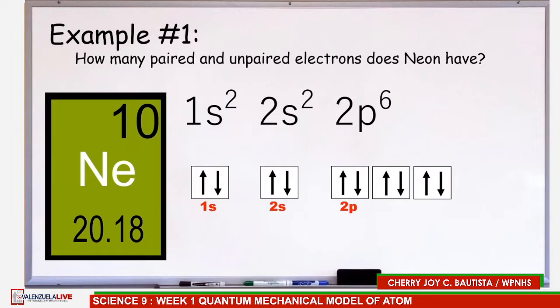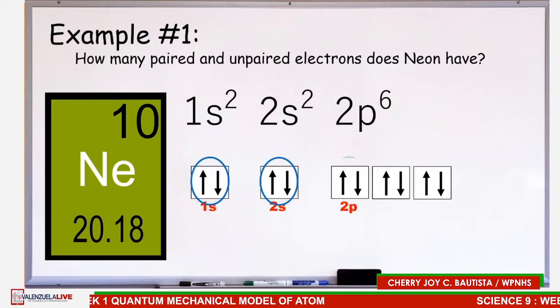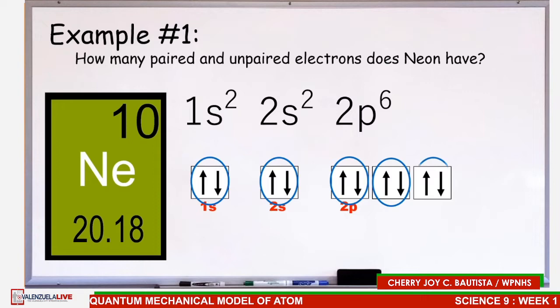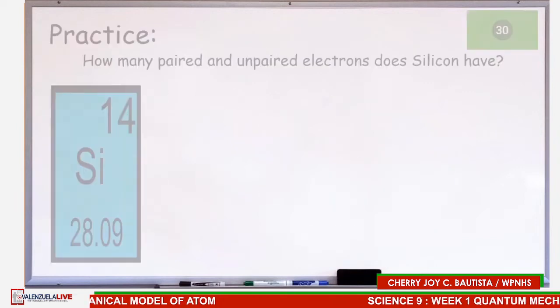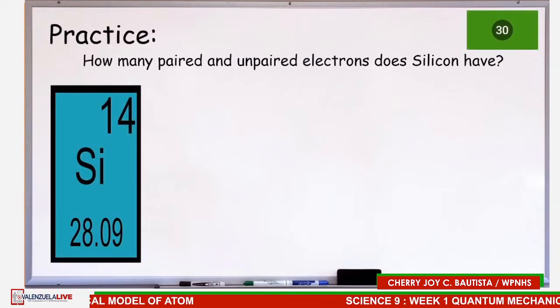For example, neon. How many paired electrons does it have? 2, 4, 6, 8, 10. We have 10 paired electrons and there are no unpaired electrons. Now, your turn again. How many paired and unpaired electrons does silicon have?